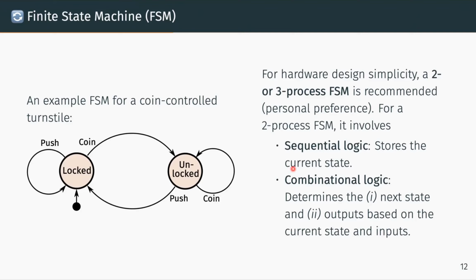And there is also the case for combinational logic. This will determine the next state. With different input, we will have different state output. And we also have an output, which is what the result will be.